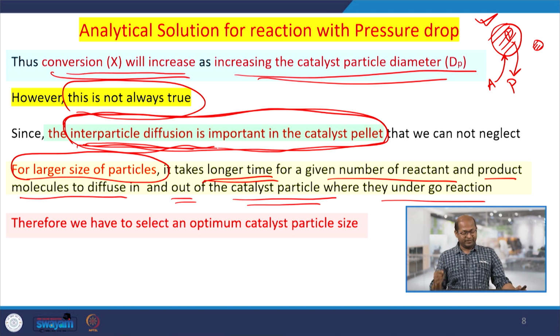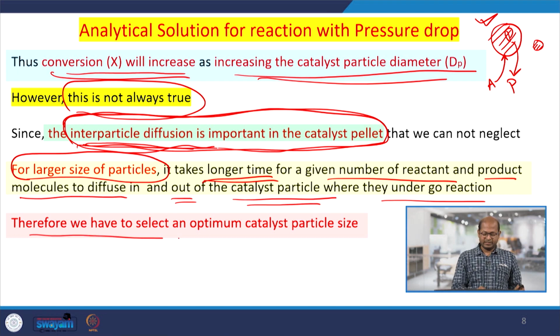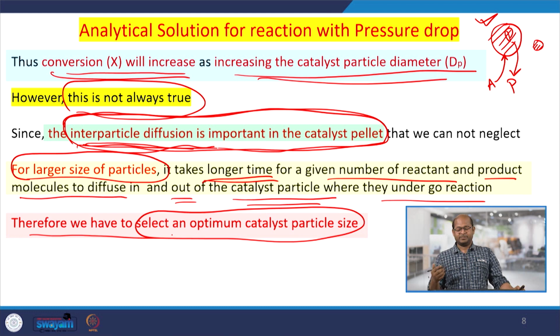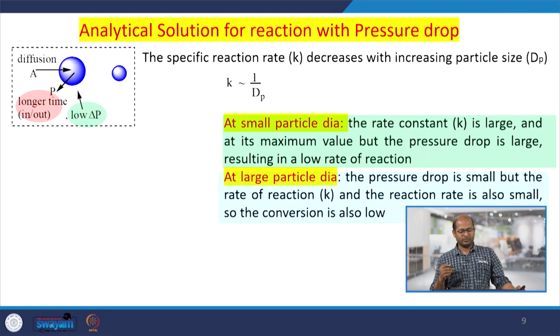So, that would affect, therefore, we have to select an optimum catalyst particle size, neither smaller nor larger diameter. So, in between some particle diameter we have to choose, which may eliminate the interparticle diffusion, and at the same time the pressure drop of the system. Okay.